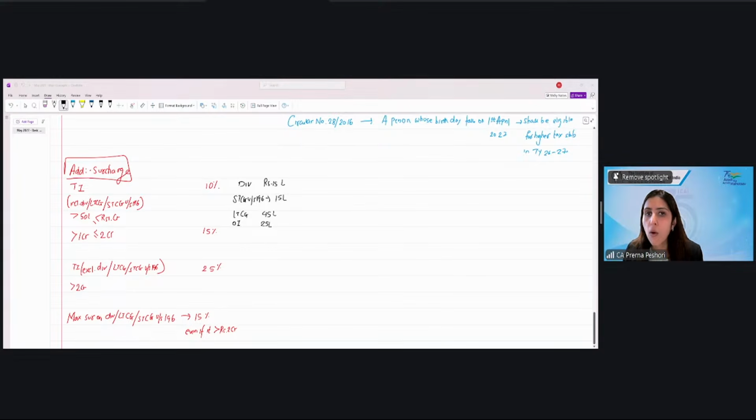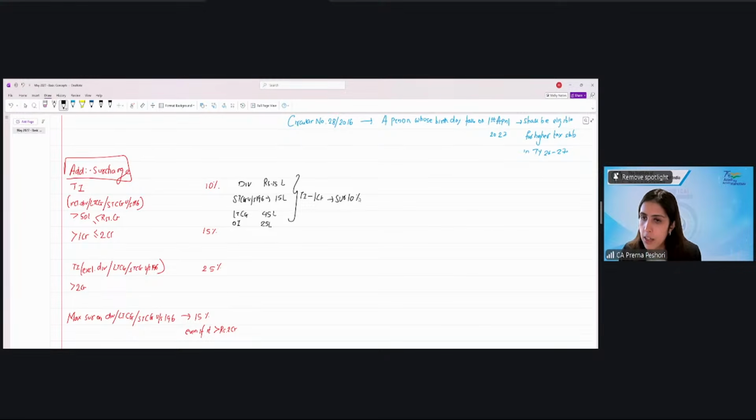So it becomes 1 CR. So my total income is 1 CR, which is more than 50 lakh and less than equal to 1 CR. So here my surcharge is going to be 10%.